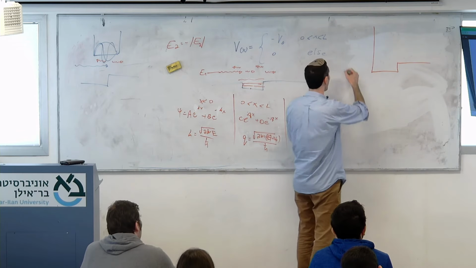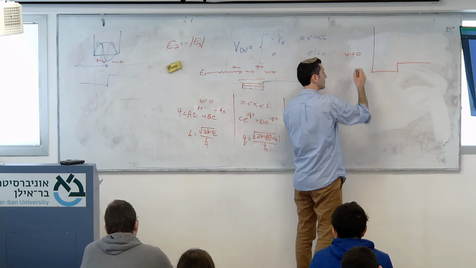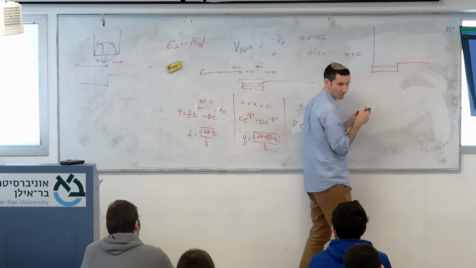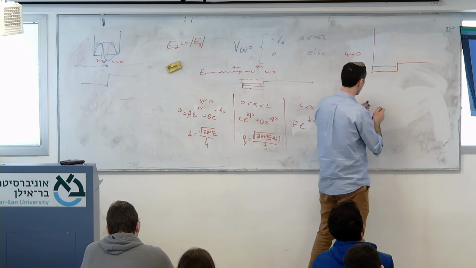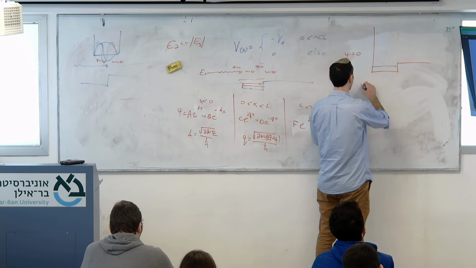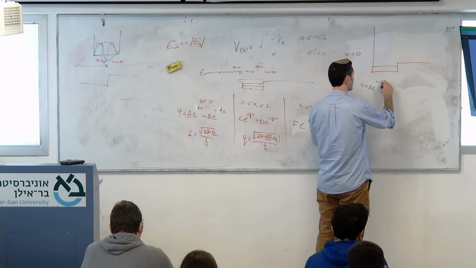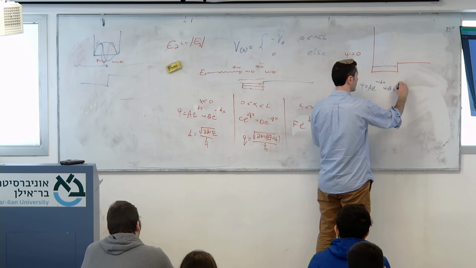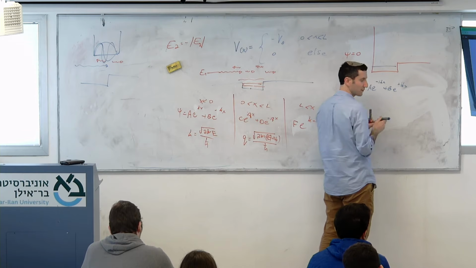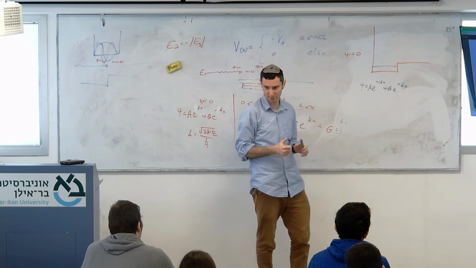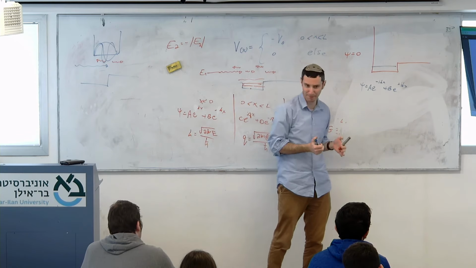Here it's infinite. Here psi is 0. I'm going to want to have an energy here. So here, psi would be A e to the minus ikx plus B e to the plus ikx, right? And here I'm going to have a decaying exponent. This is the solution that I'm expecting.